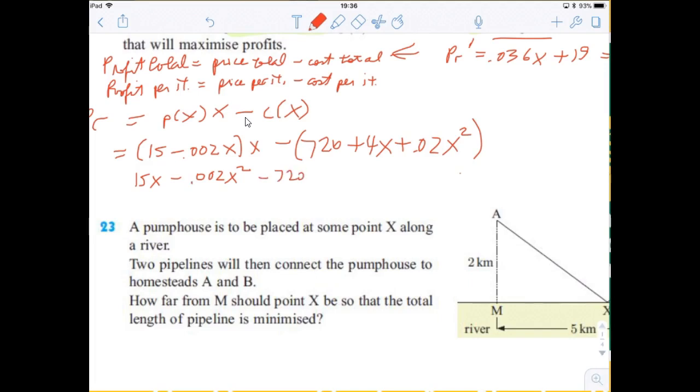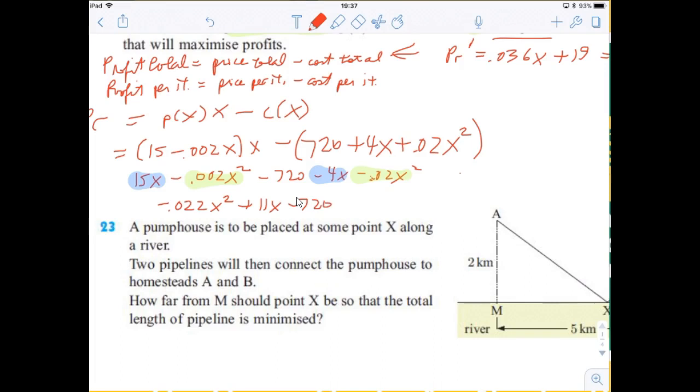Minus 720 minus 4x minus 0.02x squared. Okay, we can remove the parentheses now. Now let's combine these two like terms: minus 0.02 minus 0.002, so we put minus 0.022x squared. Now let's combine 15x and minus 4x, so that would be plus 11x, and then let's put the minus 720 at the end.